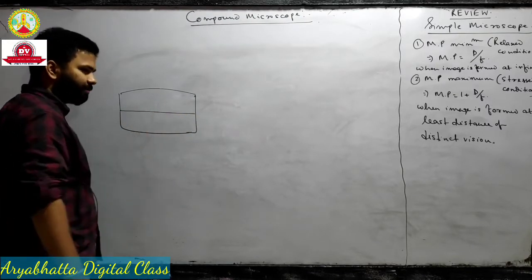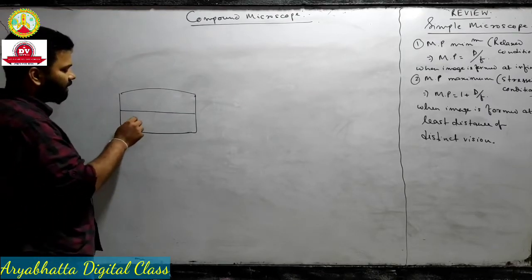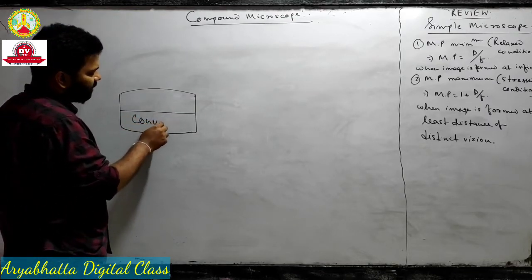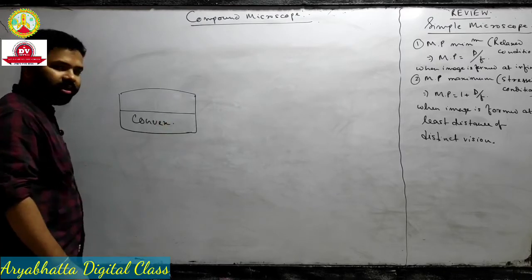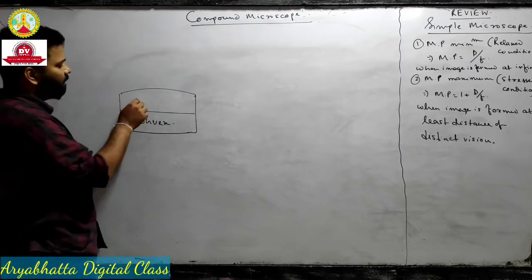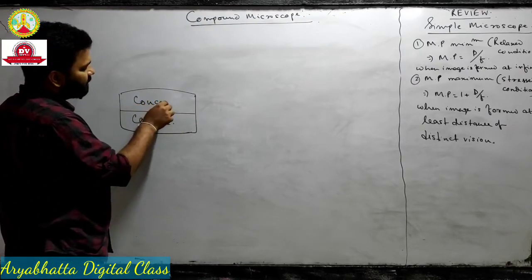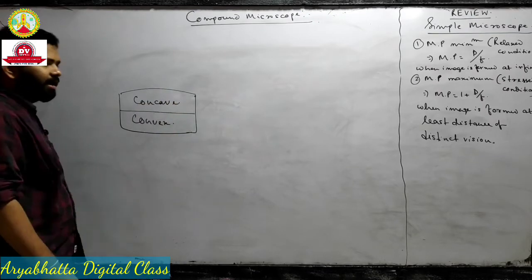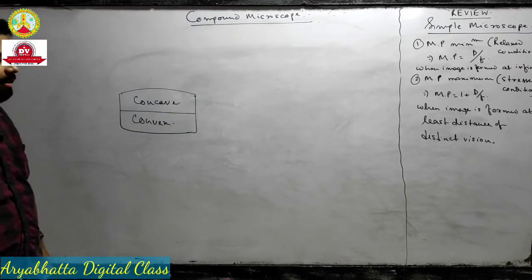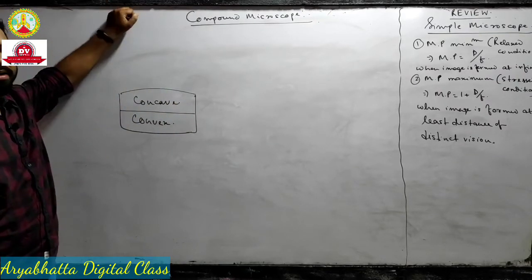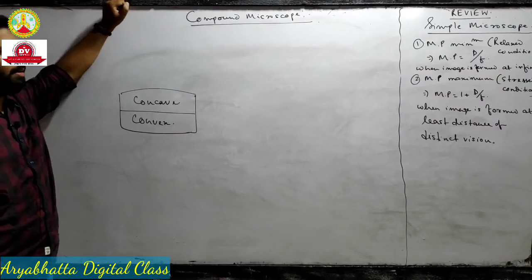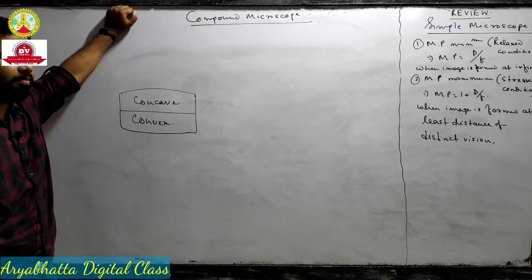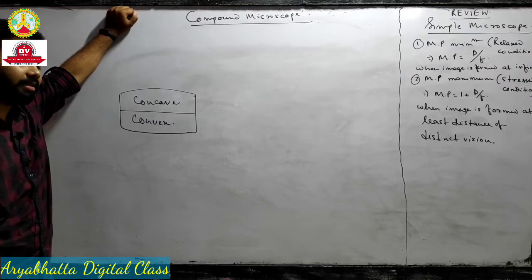this portion will be convex so that he can see the nearby object clearly, and this part will be concave so that he can see the distant object clearly. So the person suffering from myopia, I am repeating, can see the nearer object clearly but cannot see the distant object clearly.